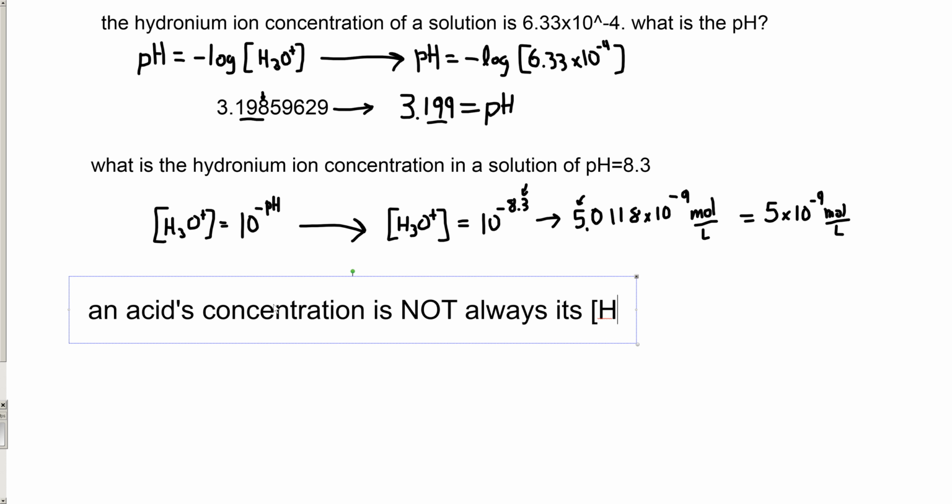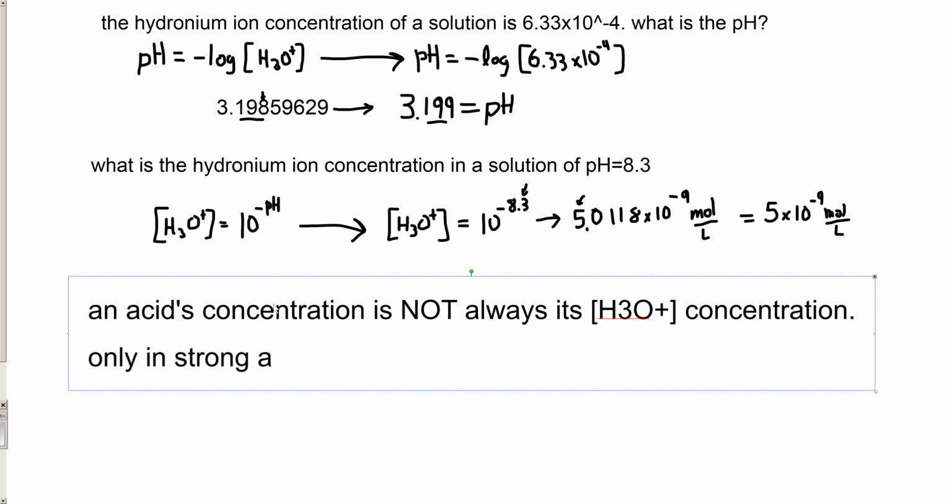An acid's concentration is not always its H3O concentration. It's only true in a strong acid. That's the only situation that will.